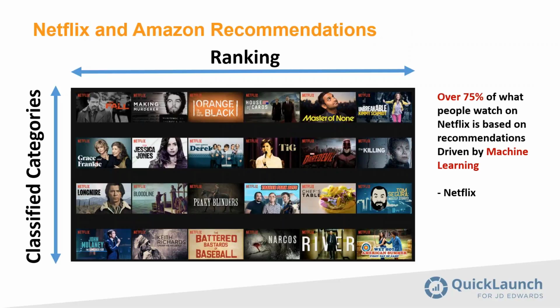So about 75% of what people watch on Netflix is based on their recommendation algorithm, which uses machine learning in order to classify content and predict what you're going to enjoy. Similar technology is used by companies like Amazon to predict and recommend items that are sold together or related items that you might also be interested in.